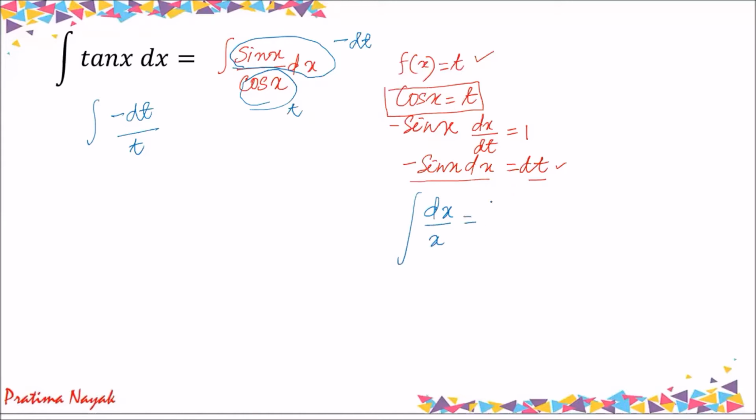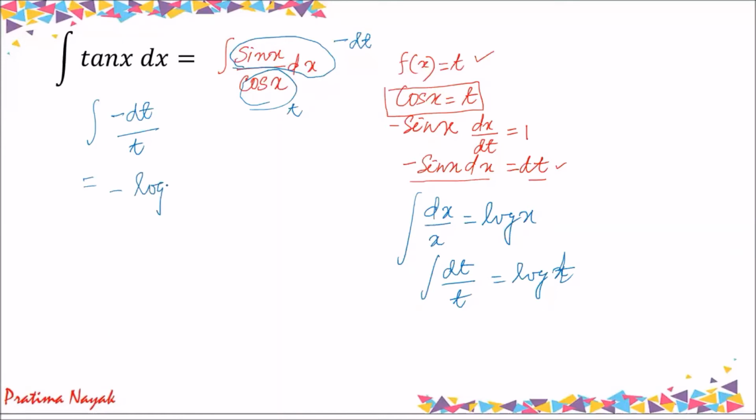It will be log x. Similarly, what will be dt upon t? It will be log t. So please observe these two expressions, then you will understand it better. The integral of dt by t is log t. So I'll write minus log t.